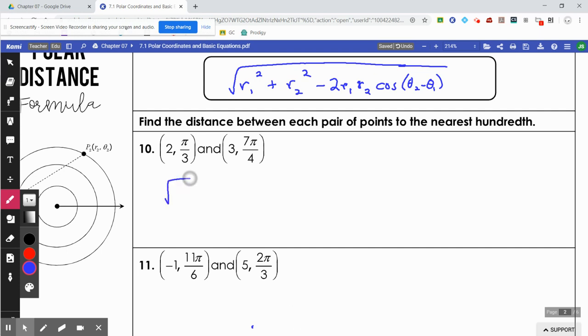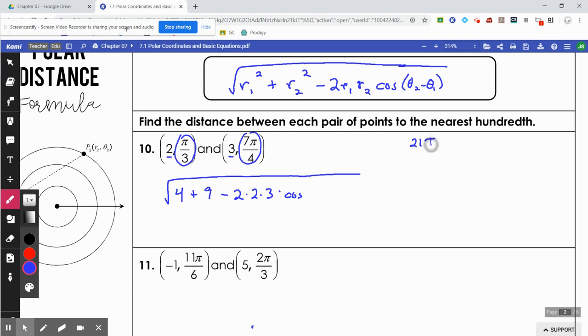So our distance will equal, again, R1 squared plus R2 squared is our first part, minus 2 times R1 times R2 times the cosine of theta 2 minus theta 1. So we've got to subtract these two angles. So we've got 7 pi over 4. Let's go ahead and do a common denominator as we write it down.